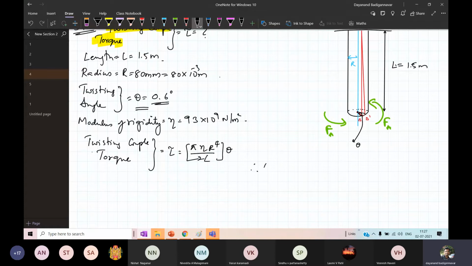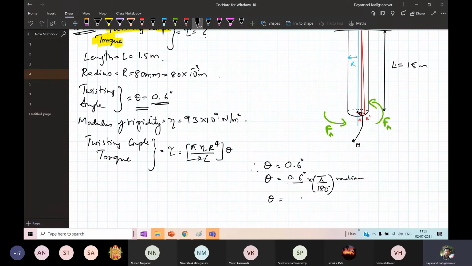Therefore, theta is equal to 0.6 degrees. You have to convert it into radians. So it is 0.6 multiplied by pi by 180. Whatever angle you have in terms of degrees, you multiply by pi by 180 degrees, and that will give you the value in terms of radians.